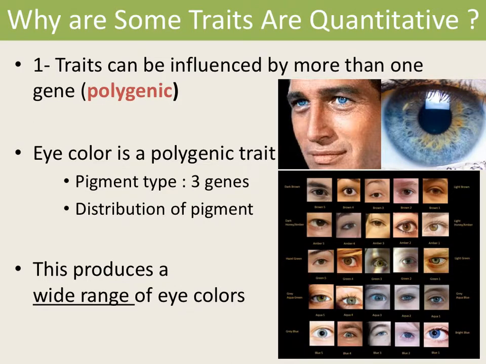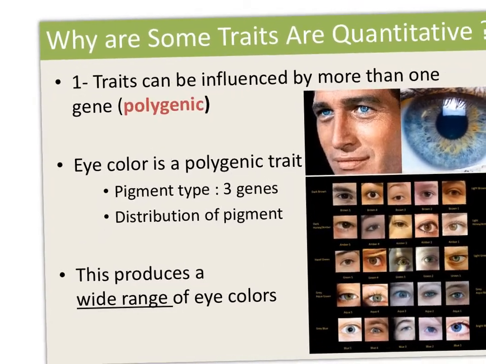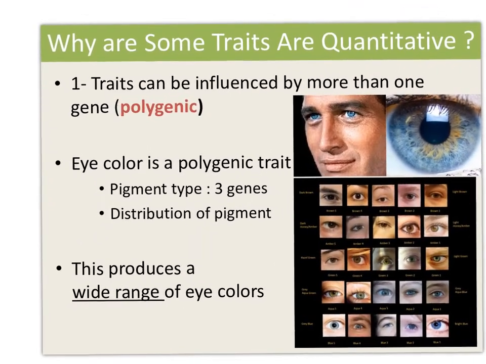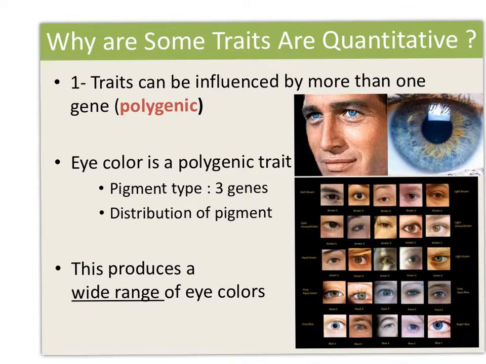Okay. So here is another example of a polygenic trait. So why are some traits quantitative? Well, that means each gene gives a small effect. Now, it turns out eye color is polygenic.